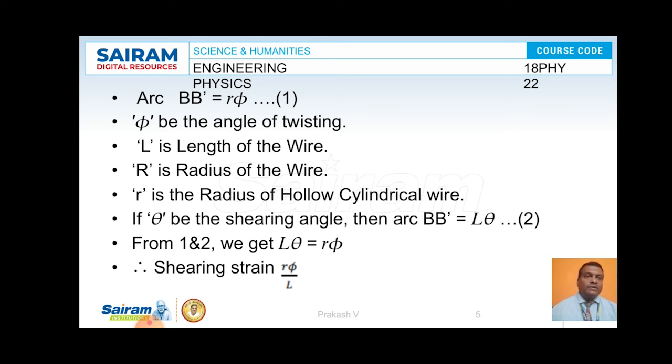The arc BB dash is equal to L theta. So by considering equations 1 and 2, we can write L theta is equal to r phi. Therefore the shear strain will be equal to r phi by L.